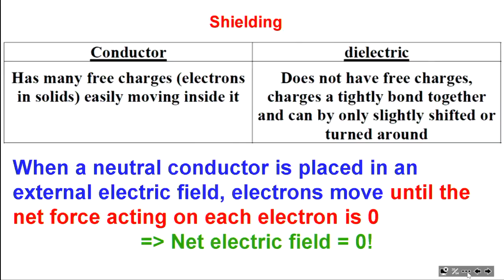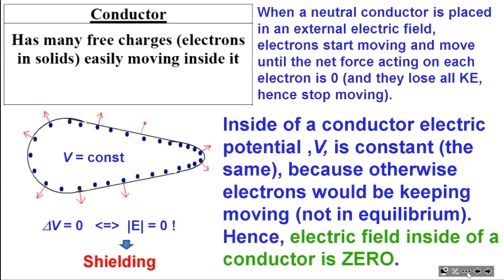And well, if it is 0, that means electric potential is constant, which means if we have a large bulk conductor, it's not just the surface, an equipotential line. It's not just the surface that has the same potential. No.